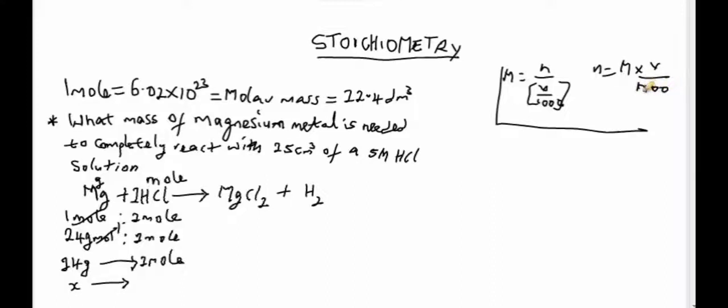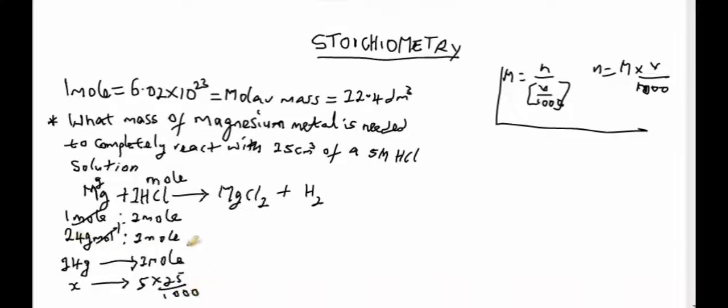That should give me mole. Because we have mole here, we can bring in these values. Molarity given is 5. The volume given is 25 cm cube. Because it's in cm cube, we have to divide by 1000.